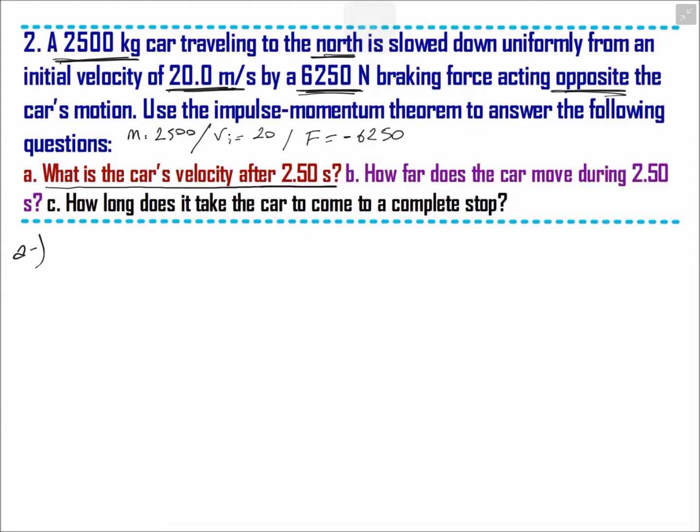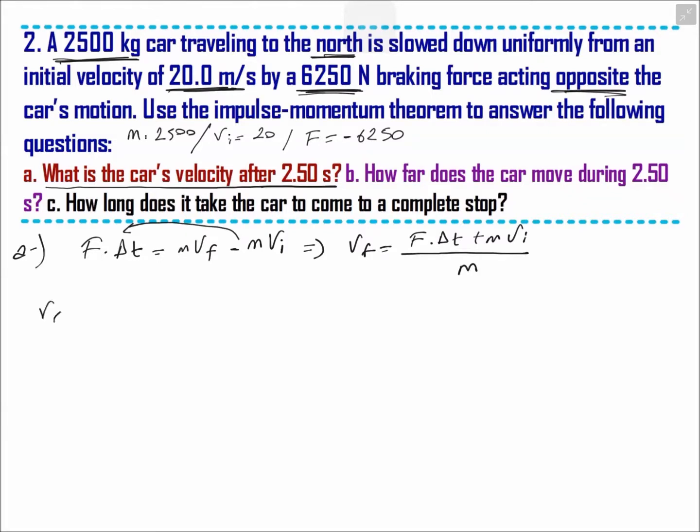Due to the momentum-impulse theorem, F times delta t equals m times v final minus m times v initial. And it's asking for the final velocity. So if we move this to here and divide both sides by m, v final will be F times delta t plus m times v initial, over m.